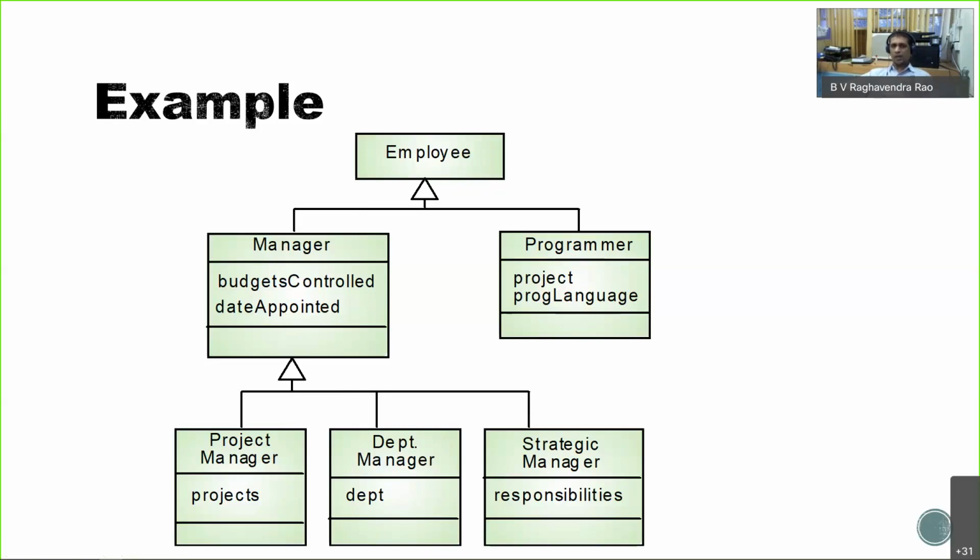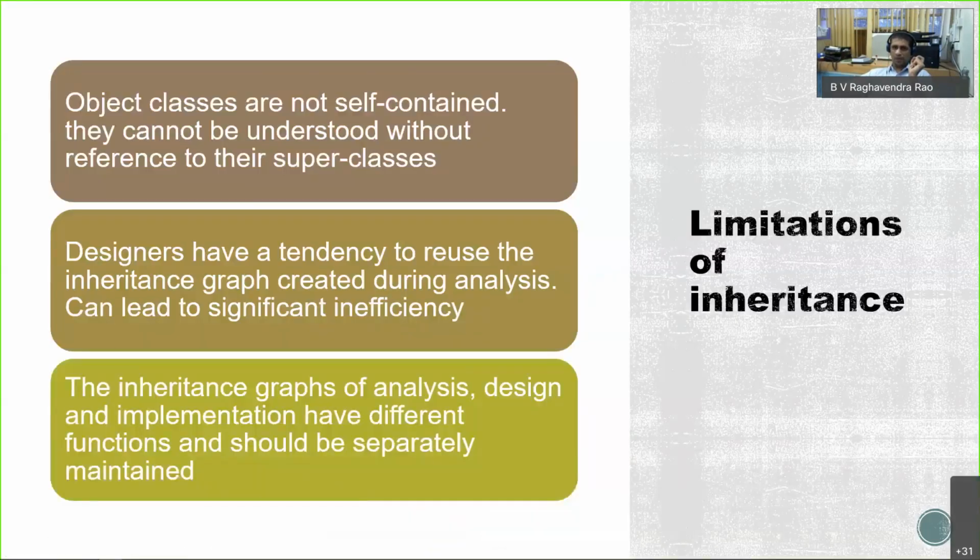There are multiple views on inheritance, and I'll describe this briefly. One is the limitations of inheritance. We have already seen the advantages of inheritance; I've asked many of you questions about them in the mid-sem viva. But there are also limitations.